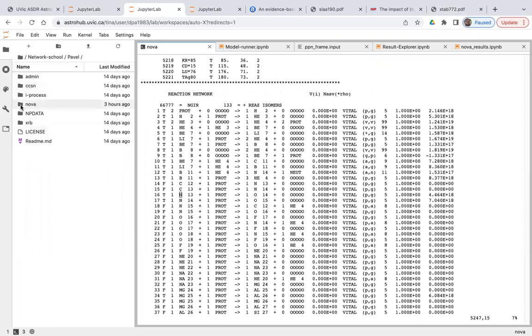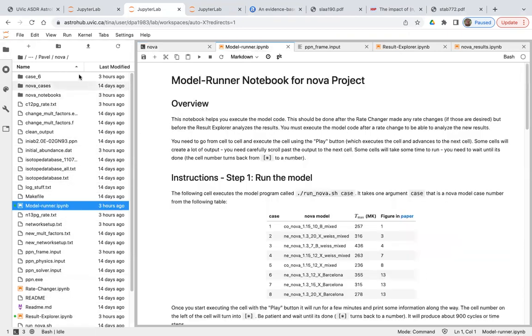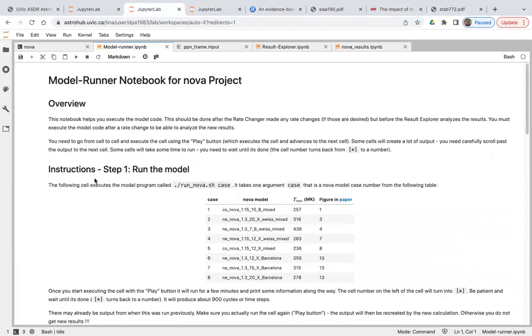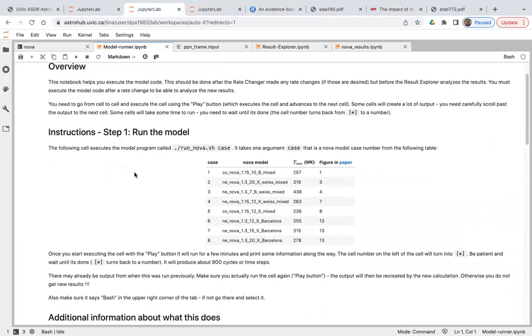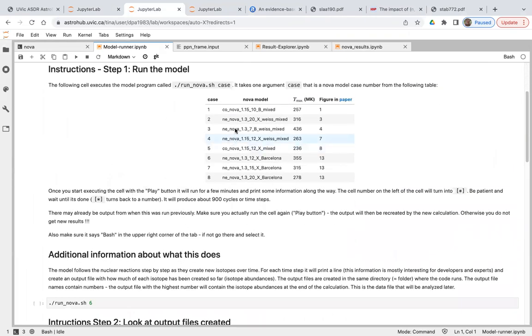So here you go to the NOVA subdirectory. And again, like in other TINA subdirectories, there are the same notebooks with the same names, Model Runner and Result Explorer, okay? So you go to Model Runner. For the NOVA project Model Runner, you can see there are 8 cases for one-zone NOVA simulations.